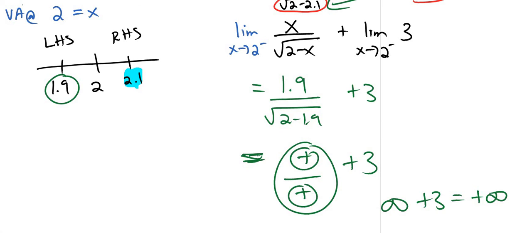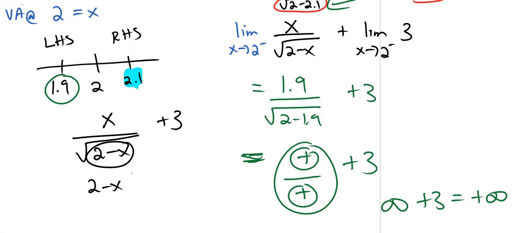So sloppy work there, but in this question you only need to look at the left-hand limit because, if you think about this question in terms of your pre-calc 11 knowledge, those questions that ask for restrictions, you have to take this 2 minus x, and that has to be greater than or equal to 0.